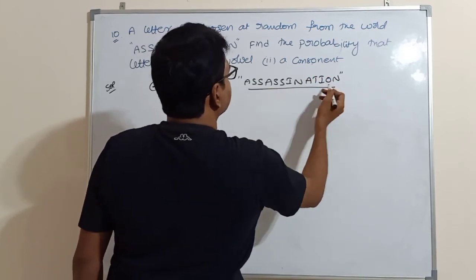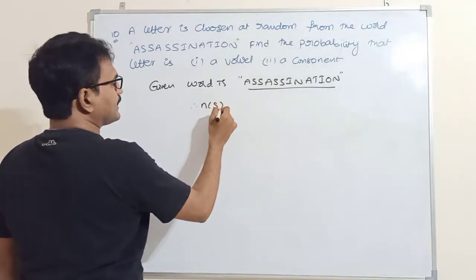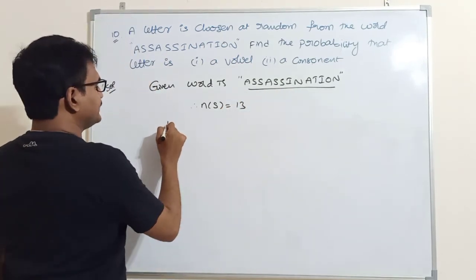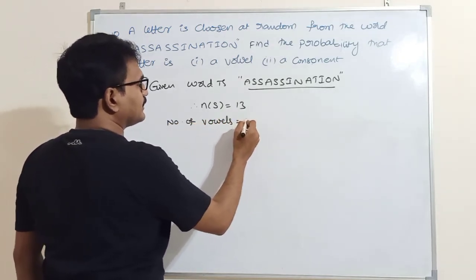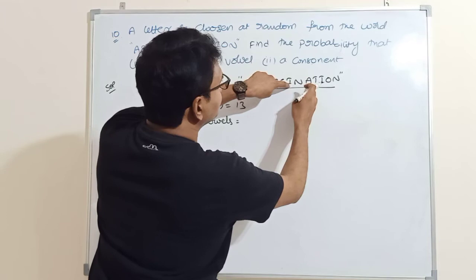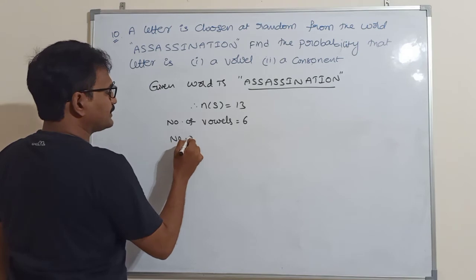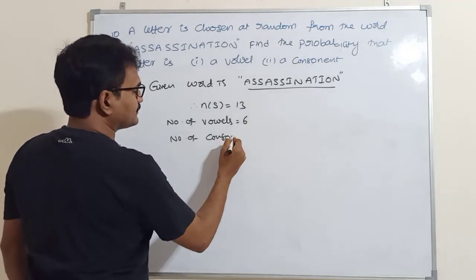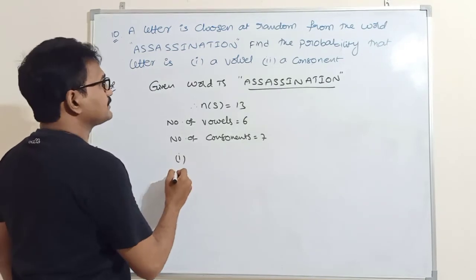Total number of letters in this given word is 13, so the number of sample points is 13. The number of vowels is 6 and the number of consonants is 7.